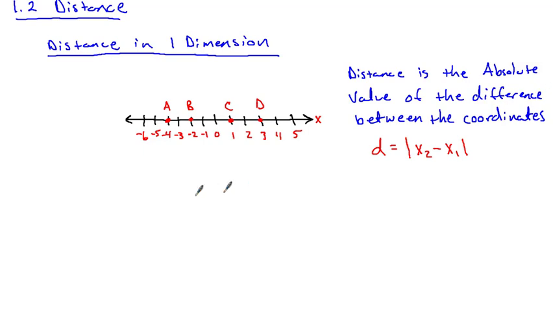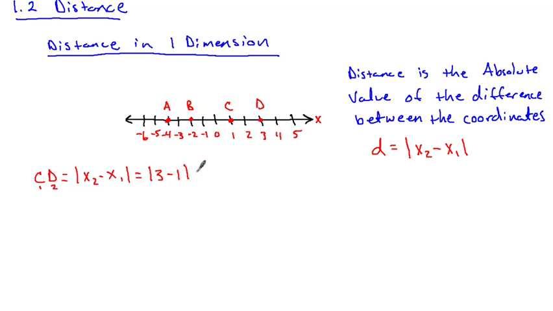So let's say that we want to find out how far it is from C to D. So I have CD with no bar on top of it. Well, I know that that's equal to the absolute value of x2 minus x1. So x2 is 3, x1 is 1.